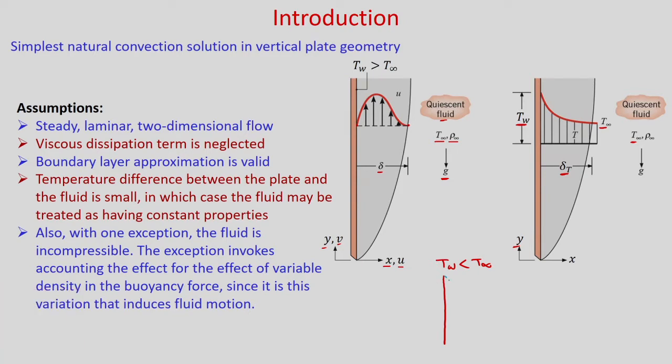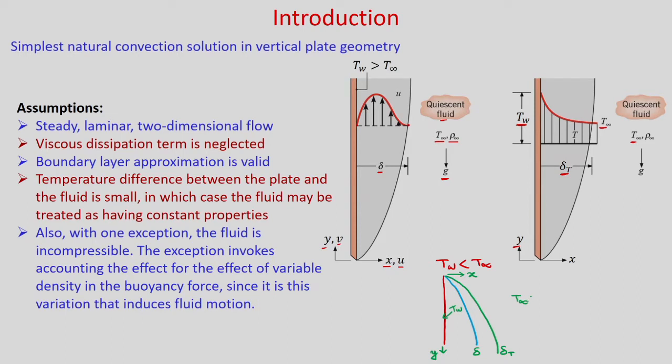So, that will be your delta, and also you have thermal boundary layer delta T. So, this is your delta T and this is your delta, and this is your direction y, okay, and this is your x. This is your Tw, and the quiescent medium is having temperature T infinity.